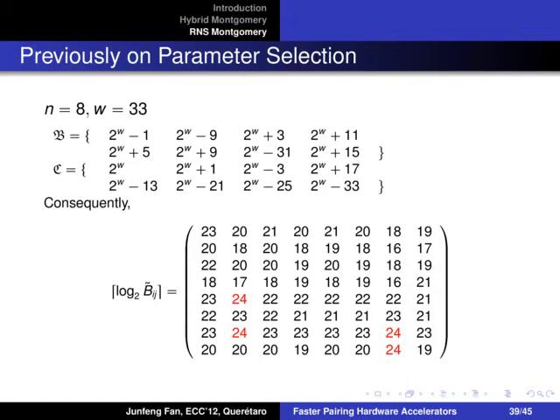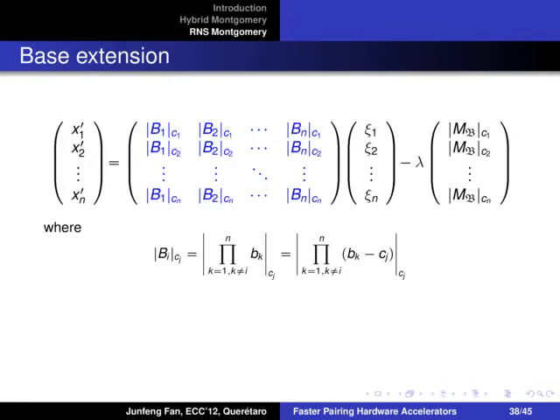But actually on Xilinx FPGA, they have a multiplier 18 times 25 bits. So now we can really put this multiplication, for example, this one multiplied by this one, using one multiplier instead of two.